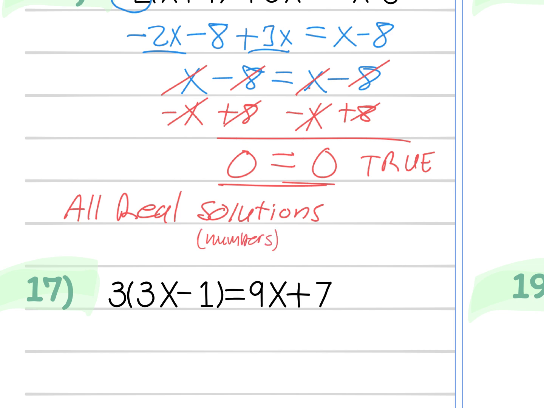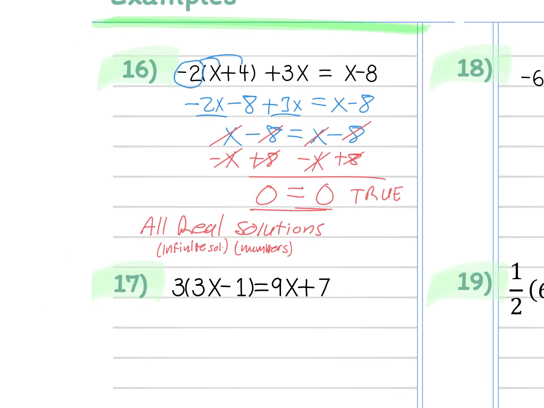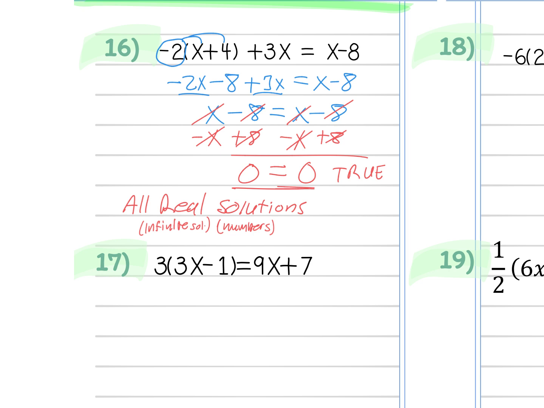All right, all real numbers is also fine. Or maybe you see infinite solutions. Infinite solutions is also a valid way to write this, right? So all real numbers, all real solutions, infinitely many solutions, infinite solutions. All these mean the same thing, right? And it just means that you have a true statement no matter what you plug into x, all right? So that's how you're going to handle a variable disappearing and you're left with a true statement.